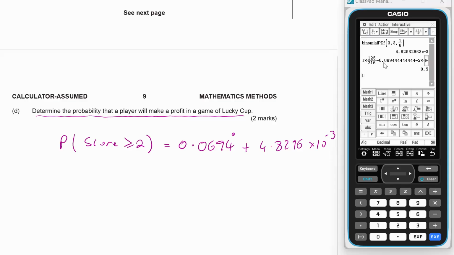So on the calculator, we could just grab this number here and add it to this number here. And it gives me 0.074.